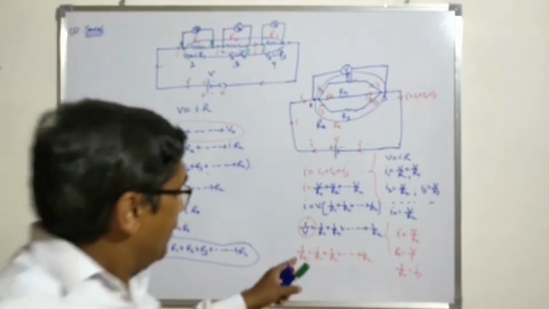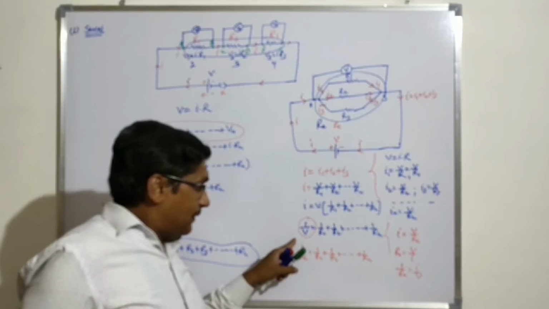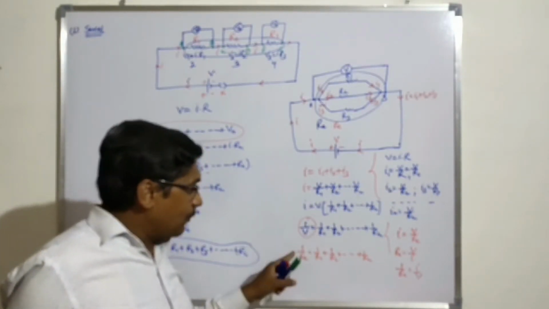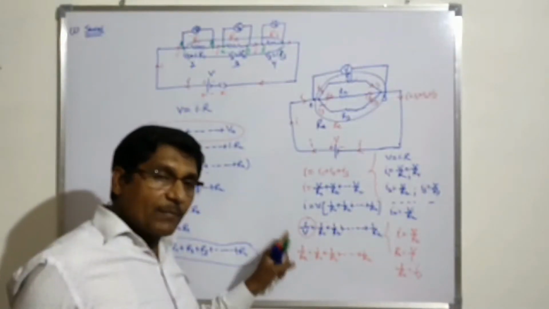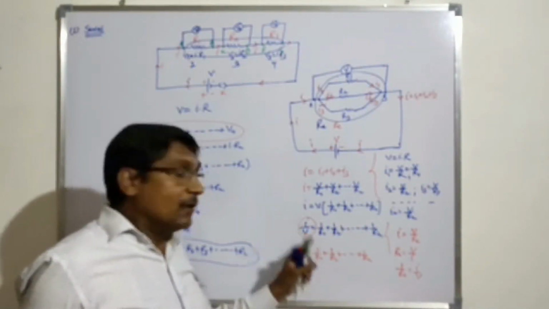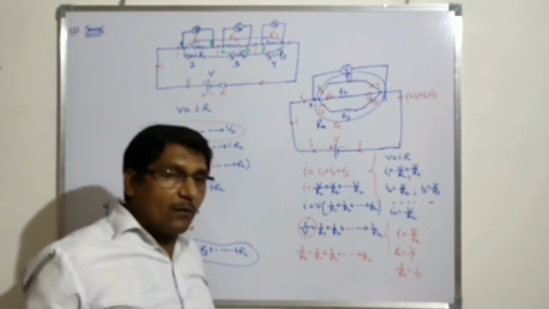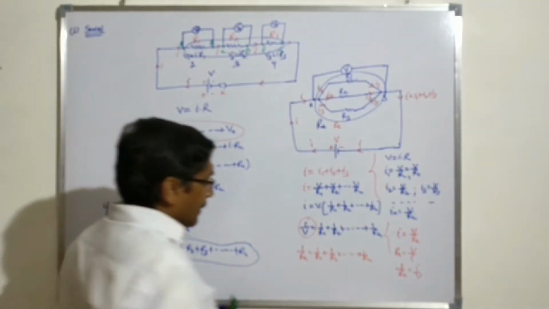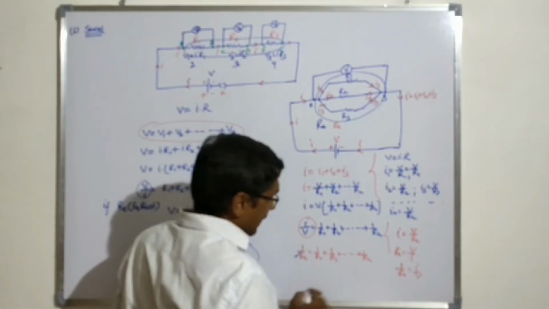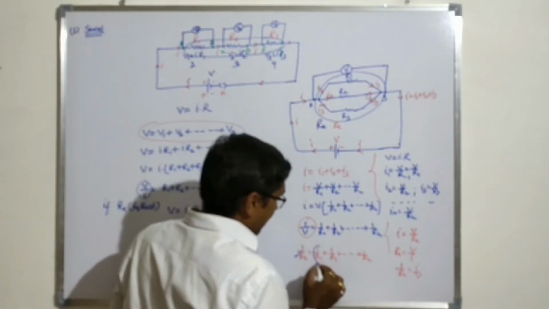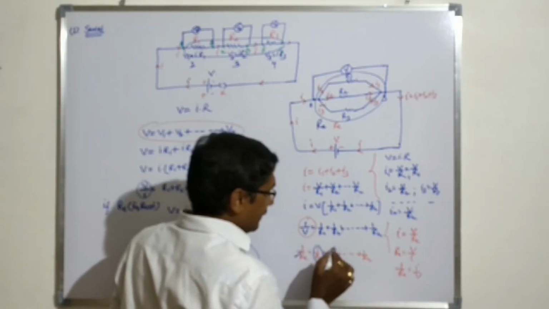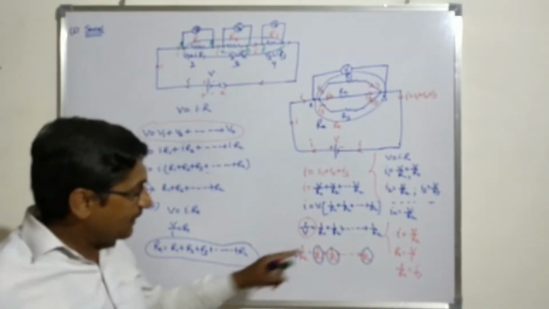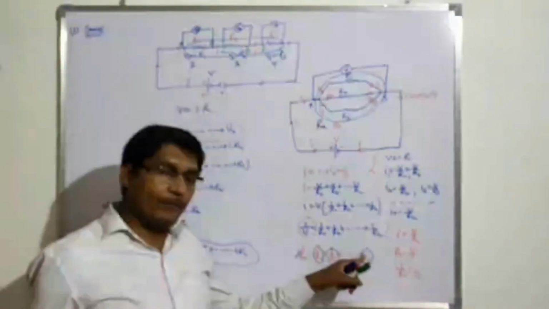I repeat again. In parallel combination, the reciprocal of equivalent resistance is equal to the algebraic sum of reciprocals of individual resistances. Here this is the reciprocal of R1, this is the reciprocal of R2, and this is the reciprocal of Rn, and these are added algebraically.